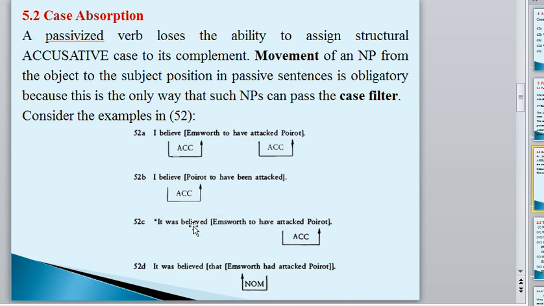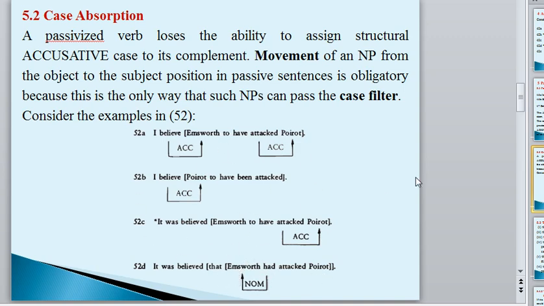And again, look at this example: It was believed that Emsworth had attacked Poirot. Here we have a finite clause, whereas in the above example we have a non-finite clause. Here, had can assign nominative case to Emsworth, and that sentence is okay.